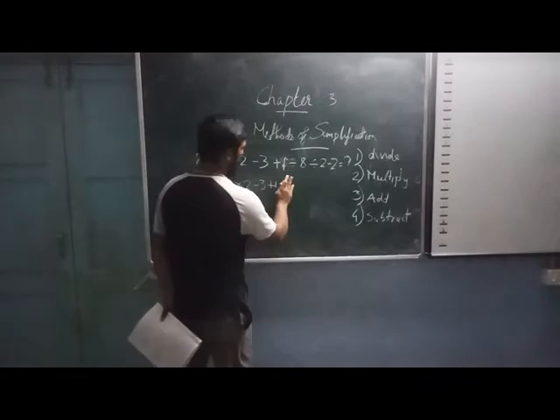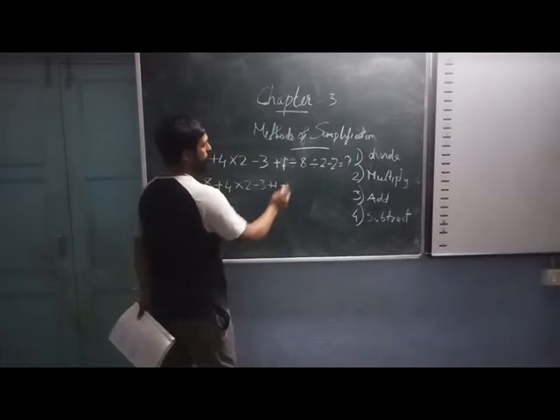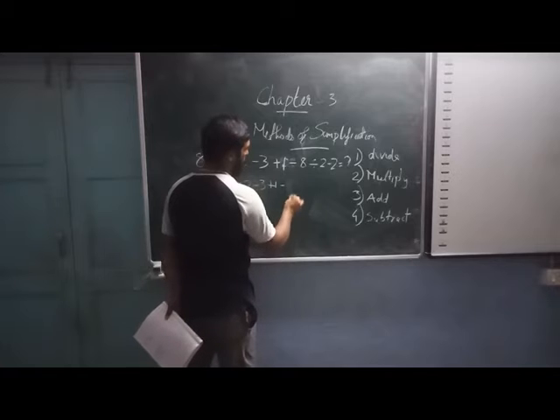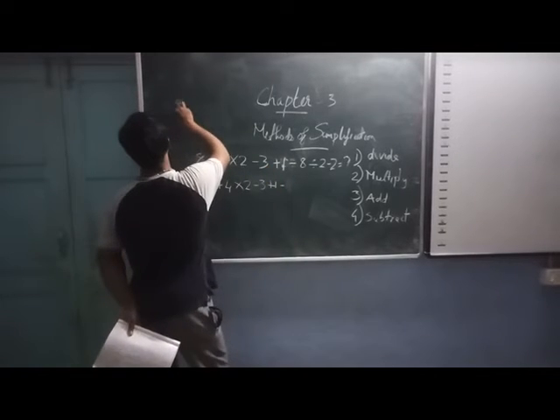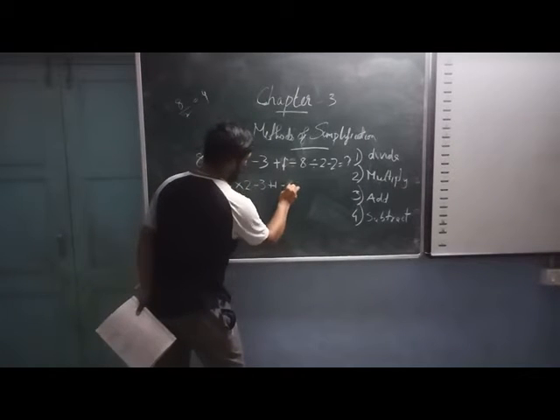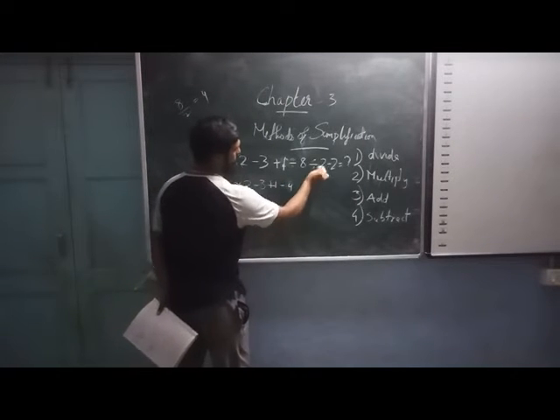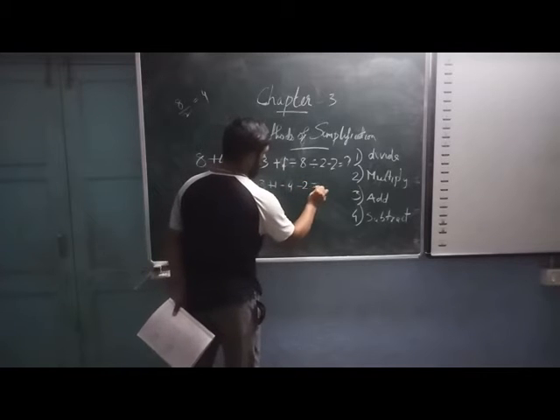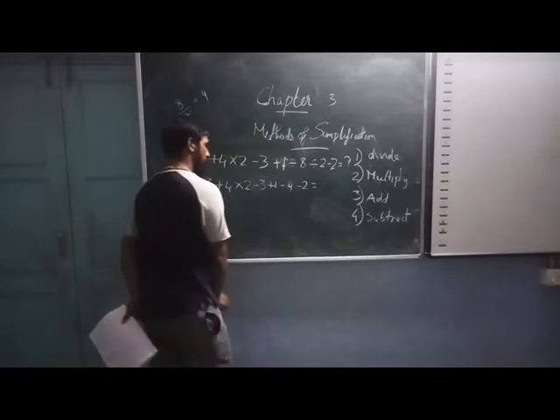First operation is division, 8 divided by 2. 8 divided by 2, you get 4. So you write 4, then minus 2.